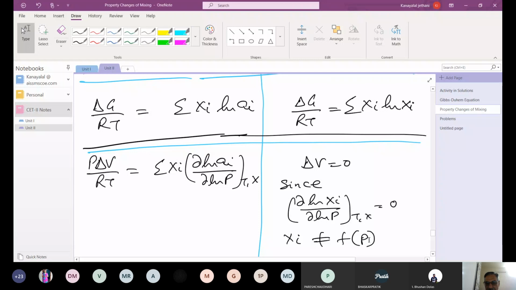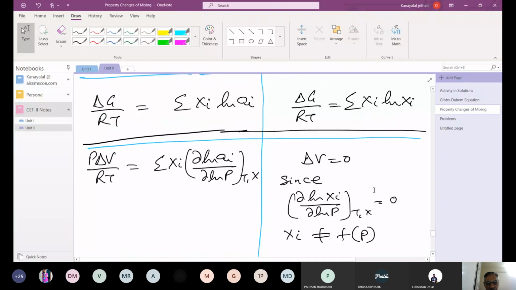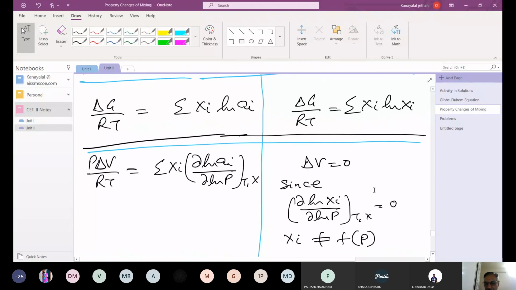Because xi is not a function of pressure, so this derivative is 0. That means delta V is equal to 0, which is our definition of ideal solutions. For ideal solutions, delta V is 0. That's how we define the ideal solution. From this equation also we can get the same thing. Any questions or doubts on this delta G and delta V for ideal solutions?